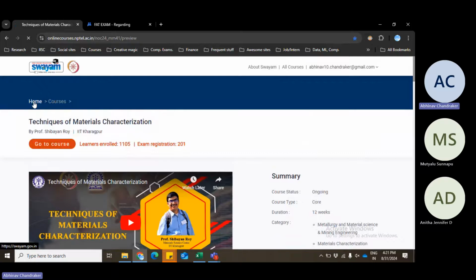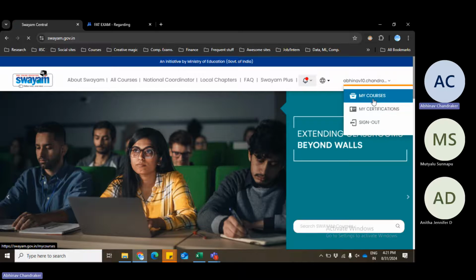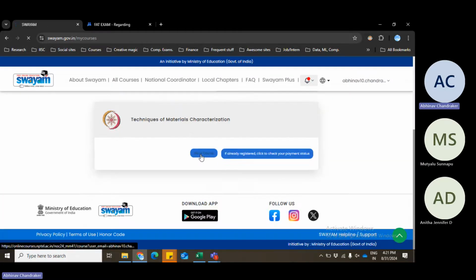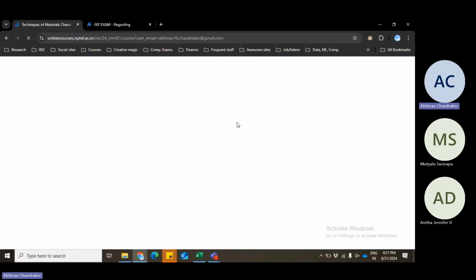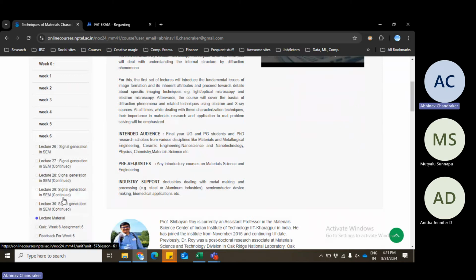You can go to the Swayam portal and log in with your account details. Once you have logged in, it will show you the list of courses for which you have enrolled. Here you just go to that course, Techniques of Materials Characterization. Once you're inside, you go to week 6.